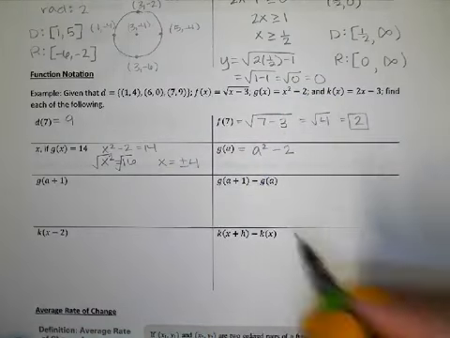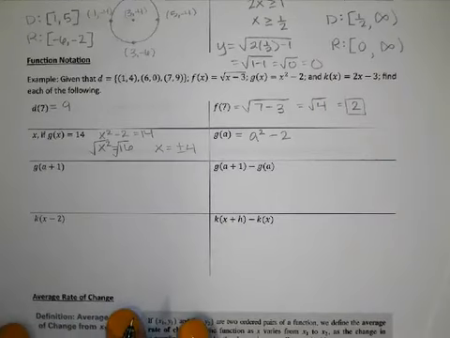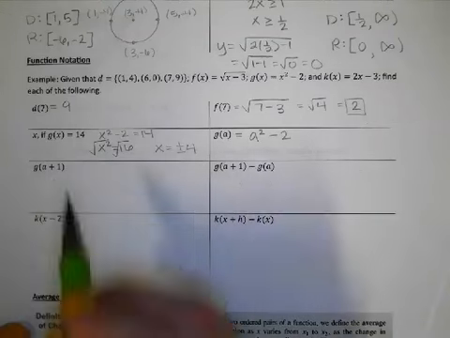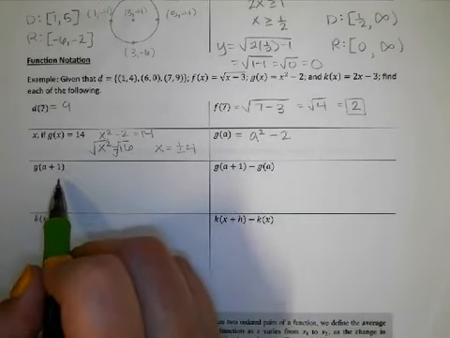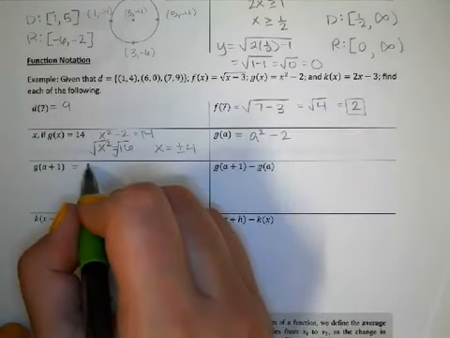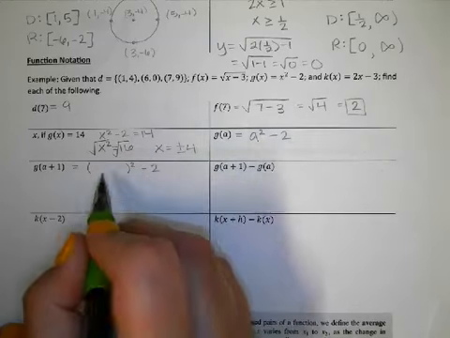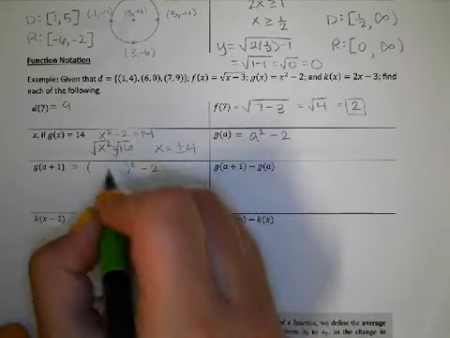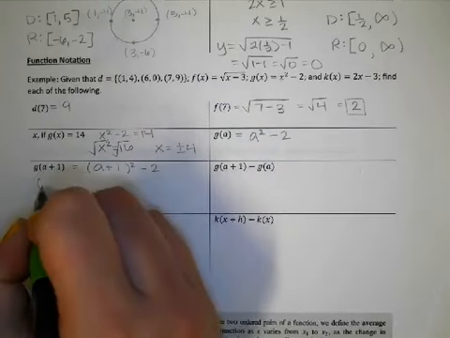The next one, g of a plus 1, that one takes a little bit more thinking. So g of a plus 1, we're going to say g of x is something squared, x squared minus 2. But instead of taking an x and squaring it, we're going to take an a plus 1 and we're going to square it. So a plus 1 times a plus 1 with a minus 2 on the end.